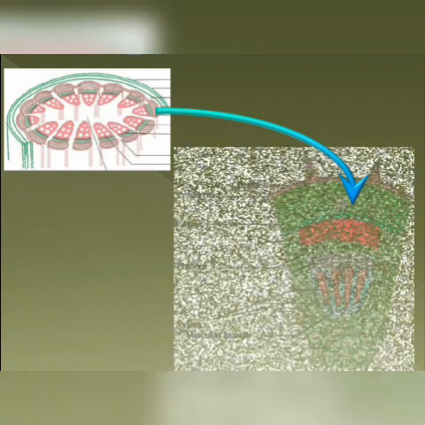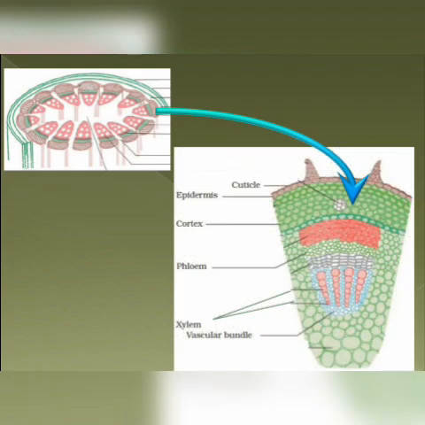In the next slide, we will see again the cross section of the stem, and if we magnify this structure, we will see something like this, in which we will discuss all the relevant marked labels one by one.